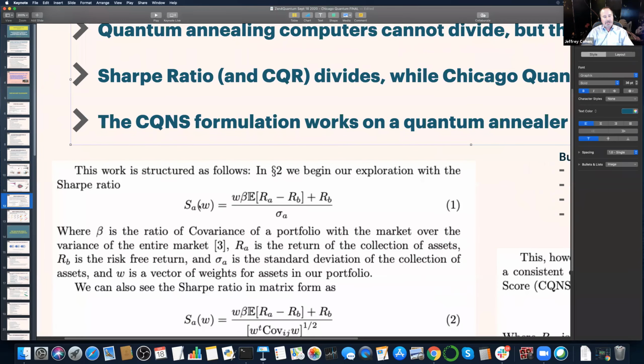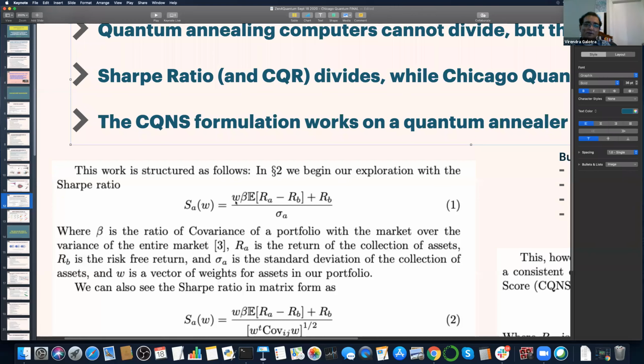So the Sharpe ratio is a weighted portfolio, and it's the weight times beta times the expected return I get from the whole market, from holding the market, the risky part. And then I add back the risk-free part over the standard deviation. And that weight in our model is the same percentage for every stock.